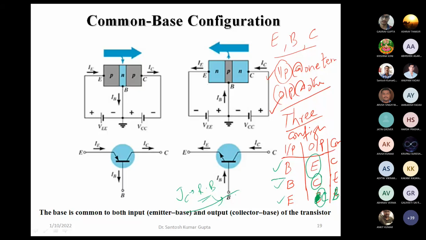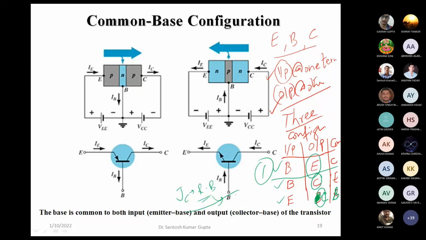The configurations depend on the common terminal, and we can write the nomenclature as common collector, common emitter, and common base.